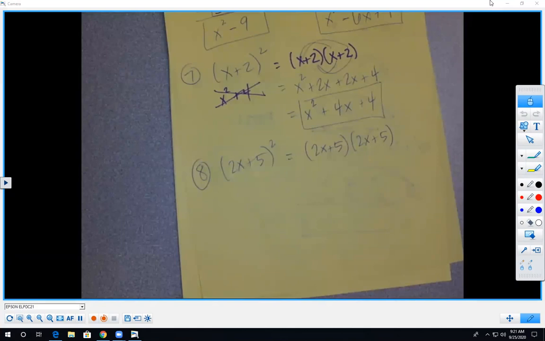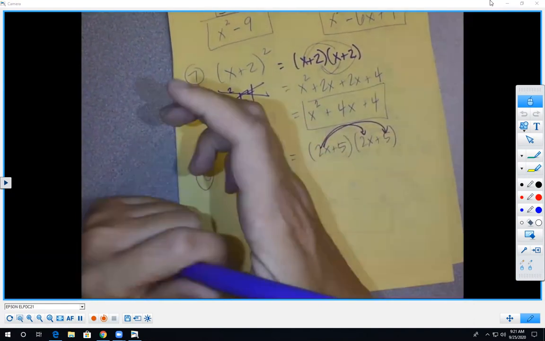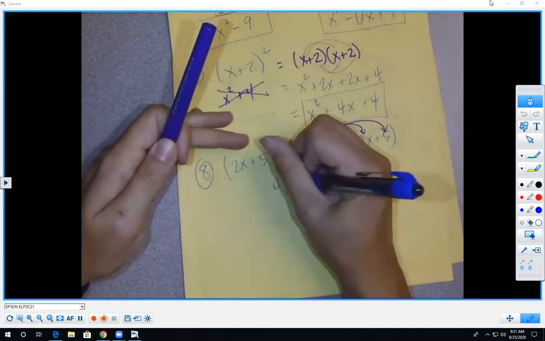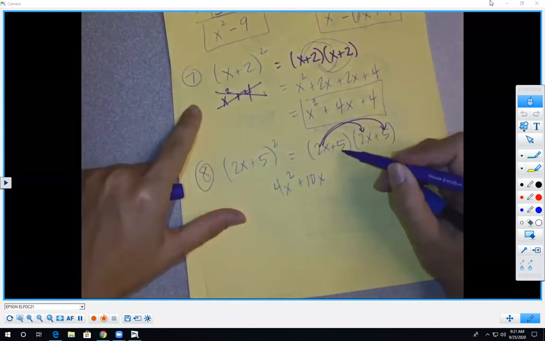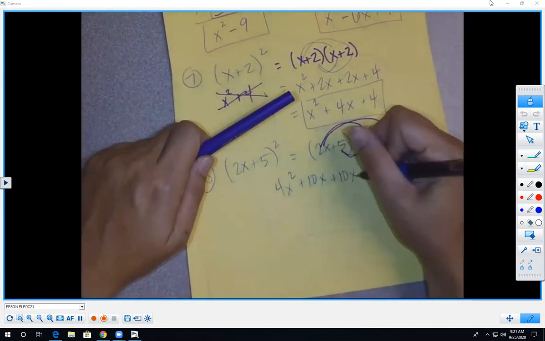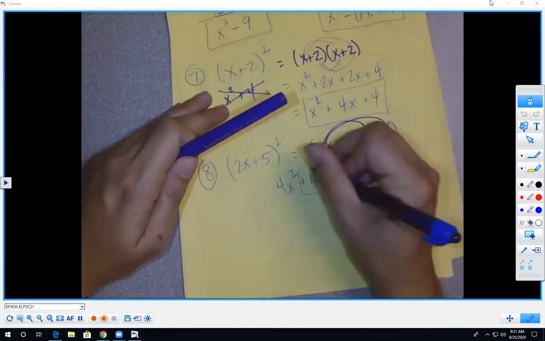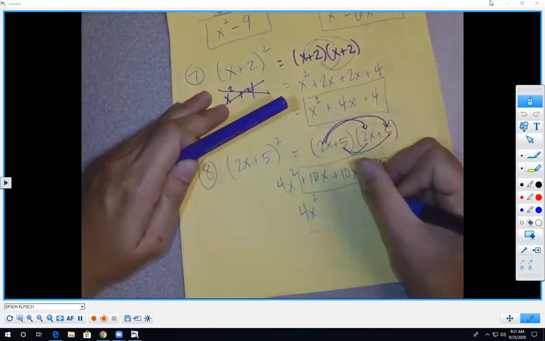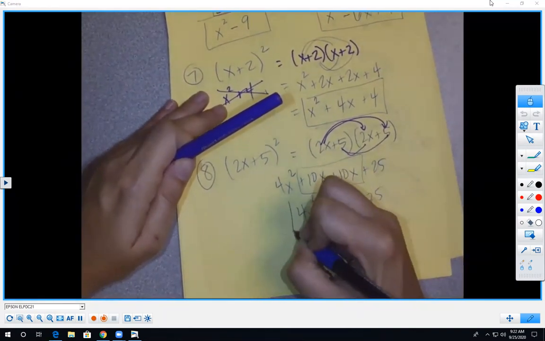And then you're going to distribute. So 2x times 2x is 4x squared, right? 2x times 5 is 10x. And then I'm going to do 5 times 2x and 5 times 5. 5 times 2x is 10x. 5 times 5 is 25. Combine your two middle terms for like terms. And I get 4x squared plus 20x plus 25 for your answer.